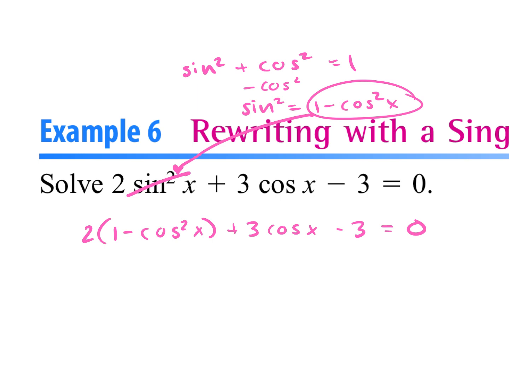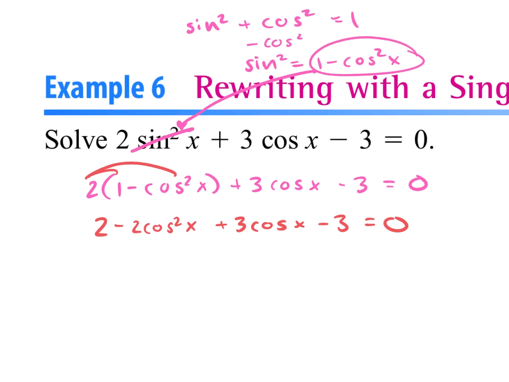What would I need to do next? Distribute the 2. So 2 minus 2 cosine squared plus 3 cosine minus 3 is equal to 0.